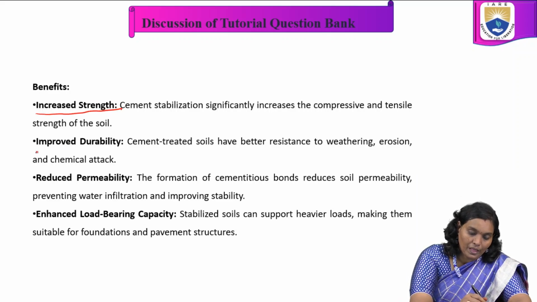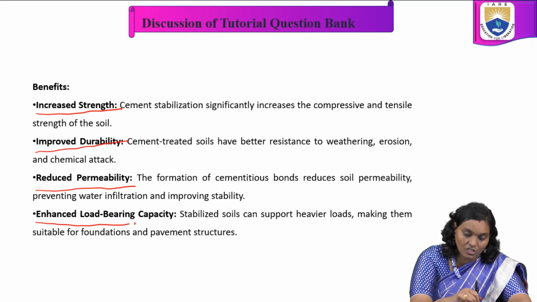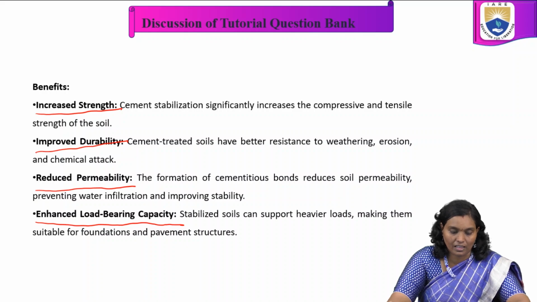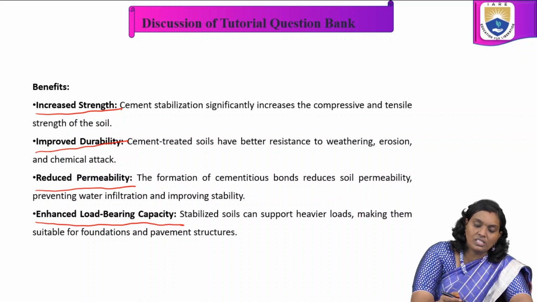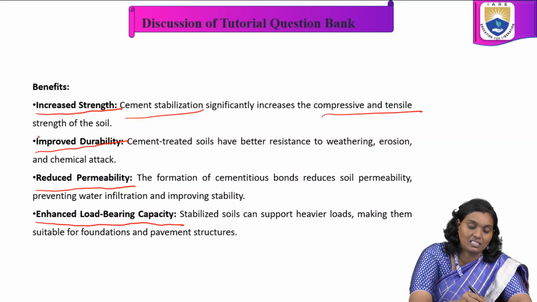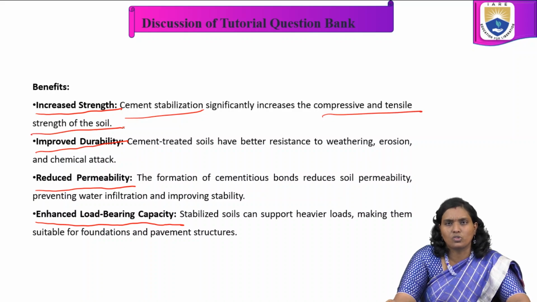Increased strength, improved durability, reduced permeability, enhanced load bearing capacity. These are some of the advantages involved in this cement stabilization technique. Cement stabilization significantly increases the compressive and tensile strength of the soil.